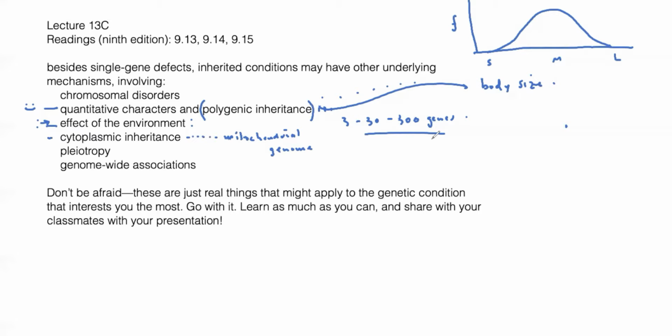In other words, if there's a condition that's caused by a faulty genetic state in the mitochondrial genome, the inheritance of that is not going to follow the same pattern as what we were talking about before with dominance and recessiveness, because that really only applies to those genes that are inside of the nucleus on your chromosomes, right? You don't have chromosomes with the genes that are inside of your mitochondria.